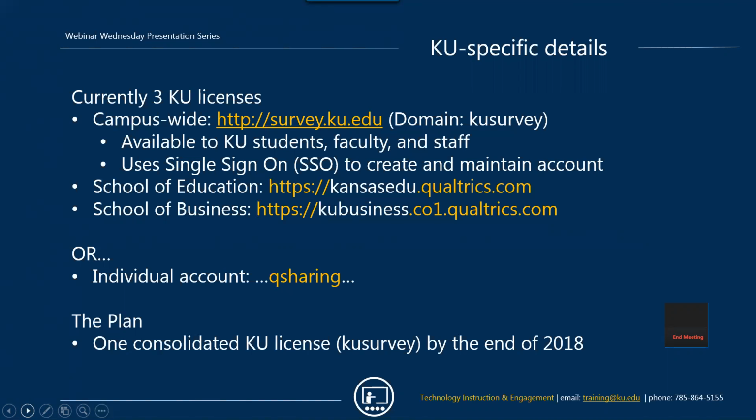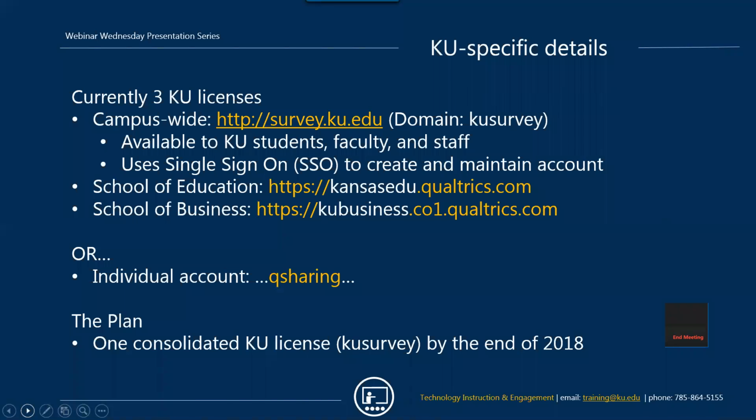The plan is to have this no longer be an issue by the end of 2018. It's not on the calendar yet. We haven't booked a date for it, but the plan is to consolidate these 3 KU licenses into the KU Survey license. I've been talking with Qualtrics. They're developing a new tool to make this easy to do.